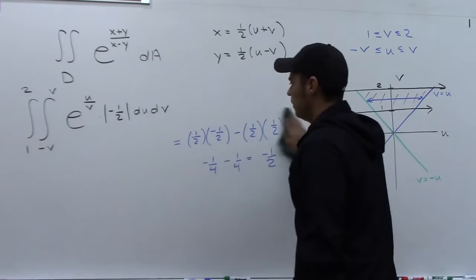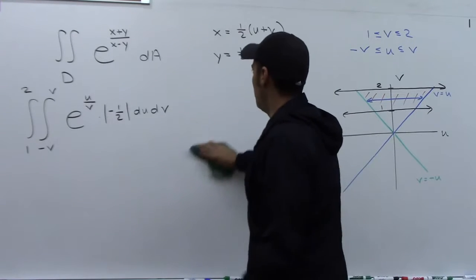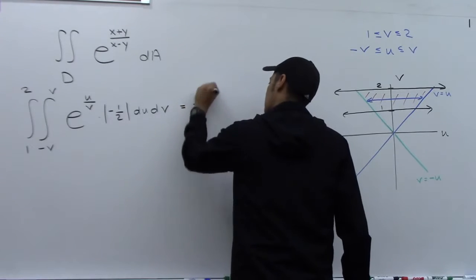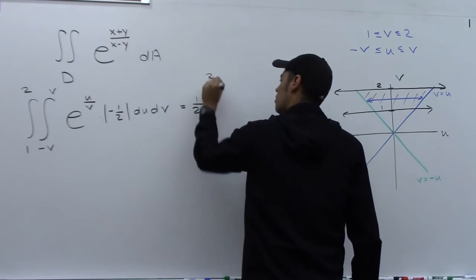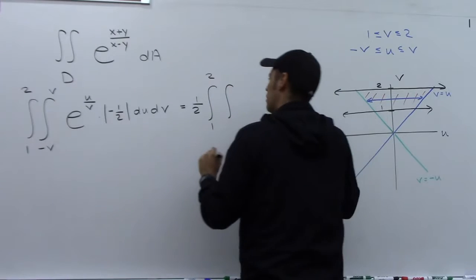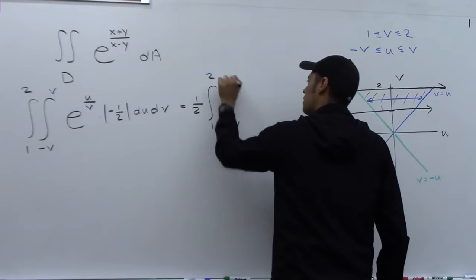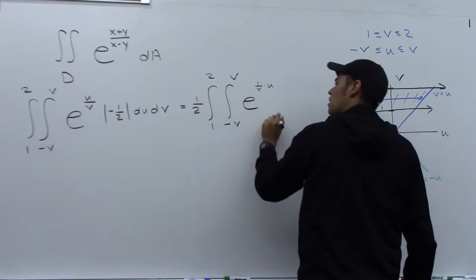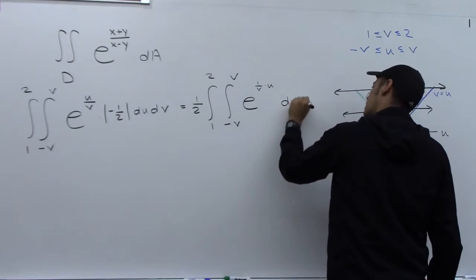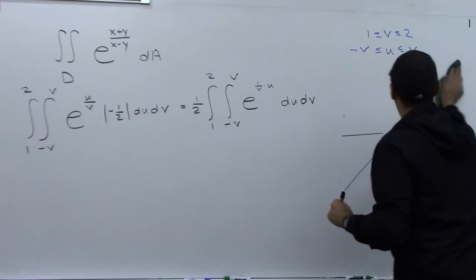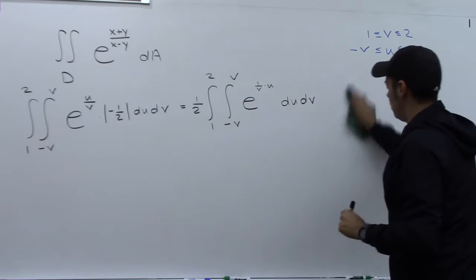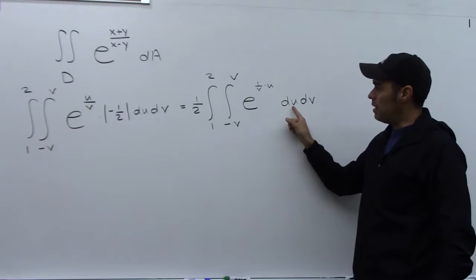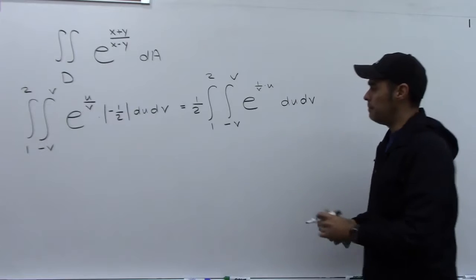Negative 1/2, absolute value. That's positive 1/2, and that can come out. So 1/2 integral 1 to 2 integral, well, yeah, integral negative v to v. e to the, I'm going to write that as 1 over v times u, and then du dv. And the reason I'm doing that is because I'm about to integrate that with respect to u. And when I do that, I'm going to treat v like a constant. So 1 over v will be a constant.